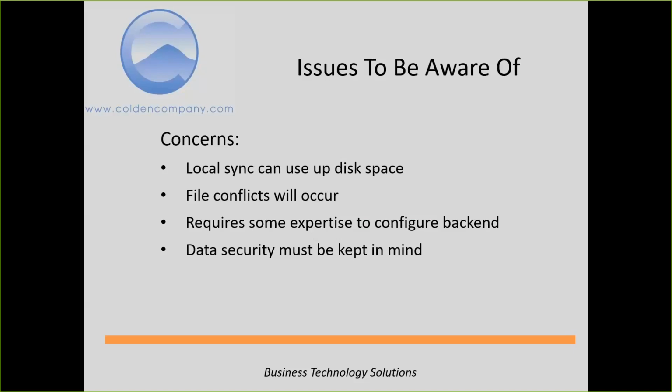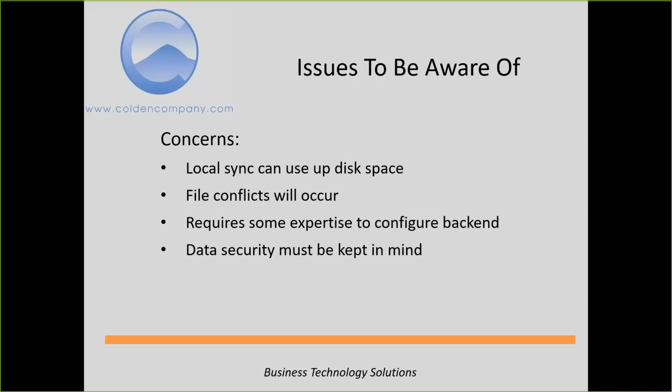Okay, and last but not least, data security really needs to be kept in mind here. If you think about that, let's say you've got some information that you're putting into OneDrive. Let's just say it's got some protected information in there, and you've got local sync set up. That's taking that protected information and downloading it to maybe 30 different computers. So now you've got 30 endpoints out there that have this data that become a potential risk to you.